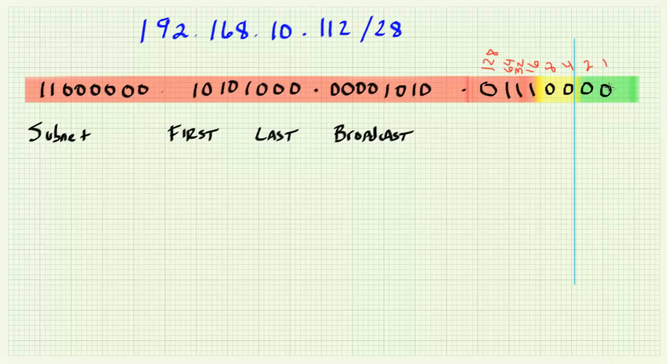We'll have 1 extra subnet that we won't use, but this will give us the 3 that we need. So let's go ahead and figure out what the subnet IDs are going to be. First host, last host, broadcast, and then we'll figure out what the new subnet mask is going to need to be configured on the router interfaces when we actually put these networks into place.